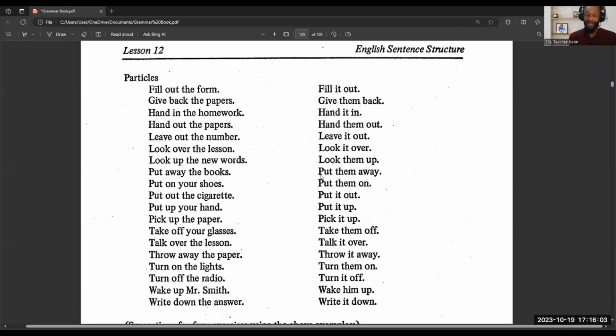So, fill out the form. Again, fill out the form. Fill it out. Again, fill it out. Give back the papers.